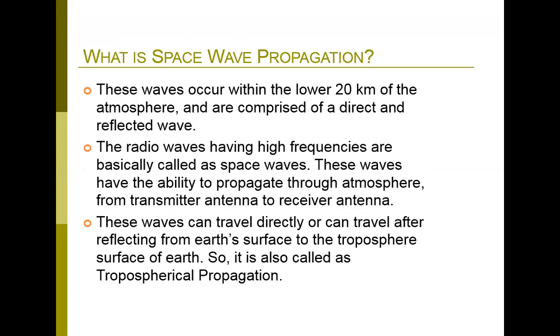Space propagation. Lower 20 km of the atmosphere, composed of direct and reflected waves. It has very high frequency, basically space waves, with the ability to propagate through the atmosphere. So the signal can travel either directly or reflection may take place.